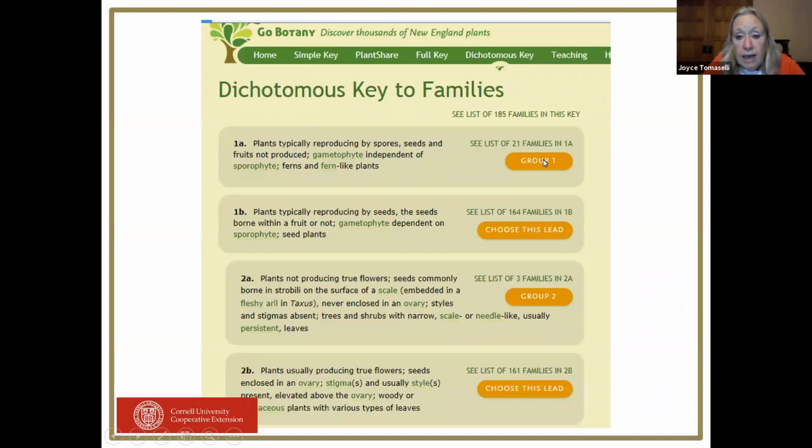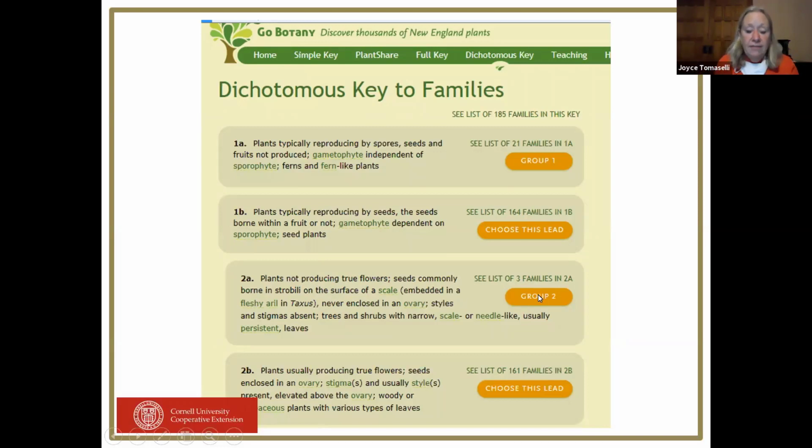And what you do is you click on group 1 and it goes off into the ferns, okay? The alternative is if it's not reproducing by spores, it's typically reproducing by seeds. And then you go that way and you can see everything that goes by seed, okay? If it is not having true flowers and the seeds are usually on a scale, then you go to 3 families and it tells you what it is.